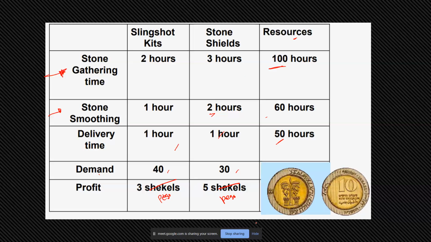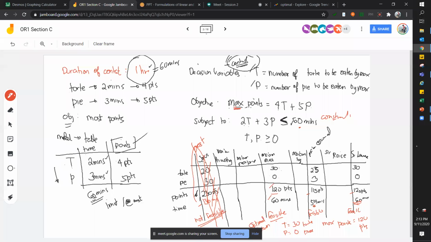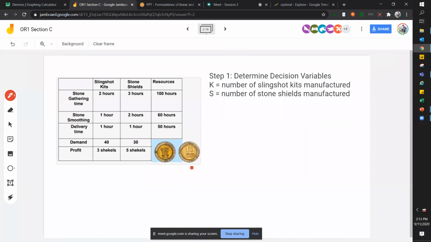Now, let's try to formulate. So, formulate natin siya. So, I'll be using the Jamboard again. Ito siya. First one, ano ay step 1 natin? You have to determine yung decision variables, which is nilet natin as K and S. Sana walang problema dyan. Okay? Walang problema.